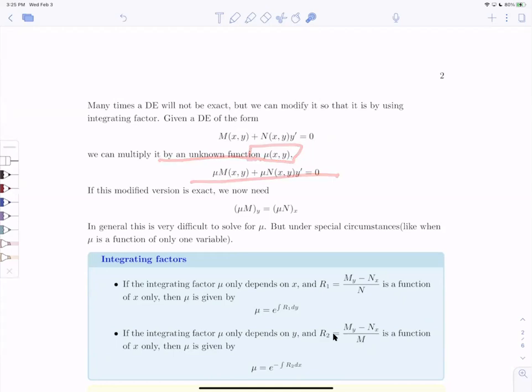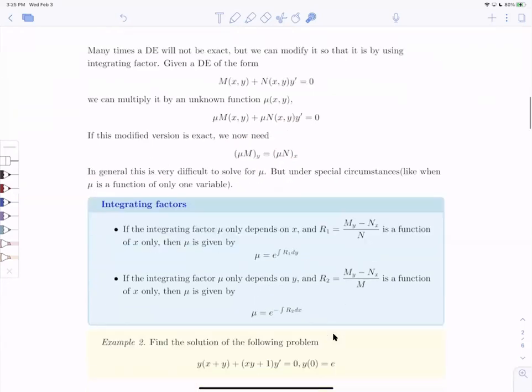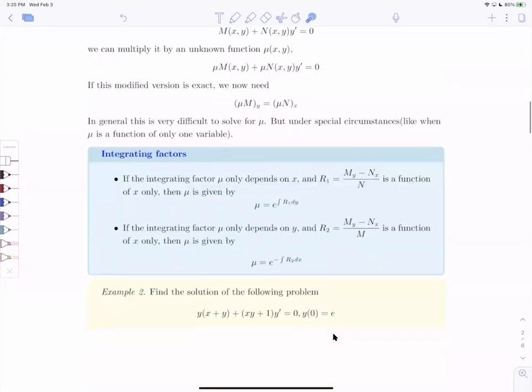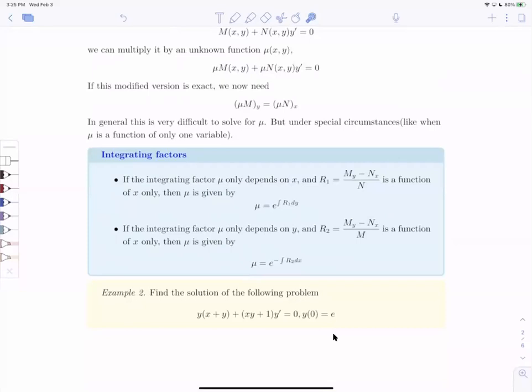And then if this modified version is exact, then you need to check those instead of just M and N, because we're talking about the whole thing. If this becomes exact, then you can use the way we did before.